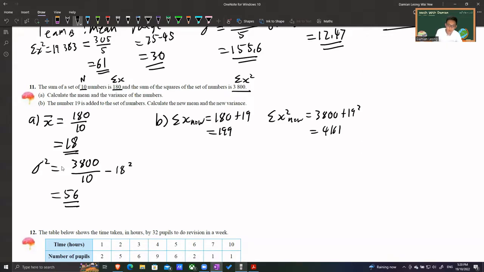Then using this, I can find the new mean and variance. N also becomes 11. We put one number in. If I take a number out, then it's minus, and n will also minus 1. So the new mean, 199 divided by 11.